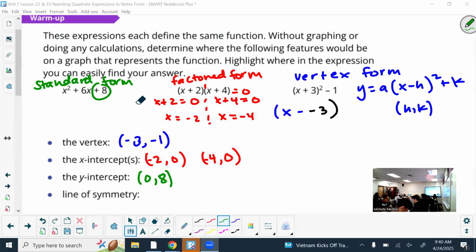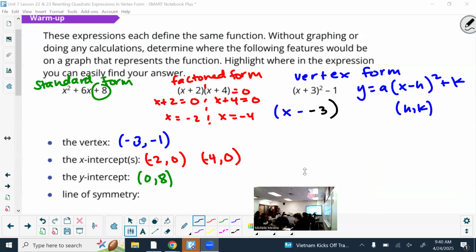And then lastly, line of symmetry. Did anyone in this class find the line of symmetry? Or can tell me what it is? Okay. Close.